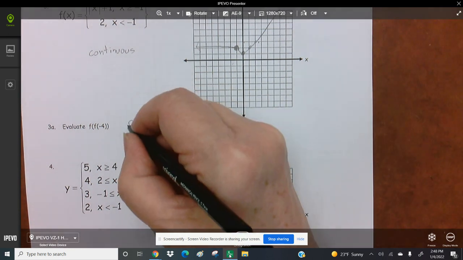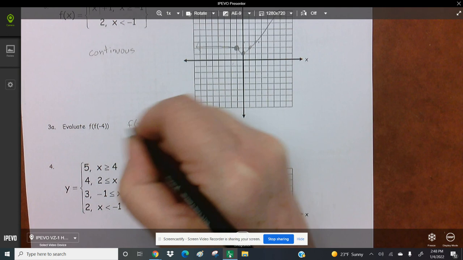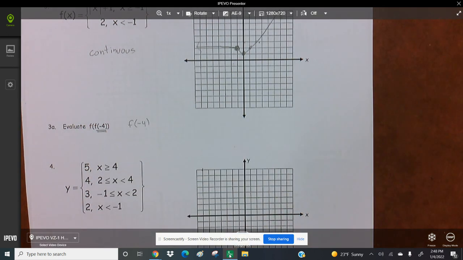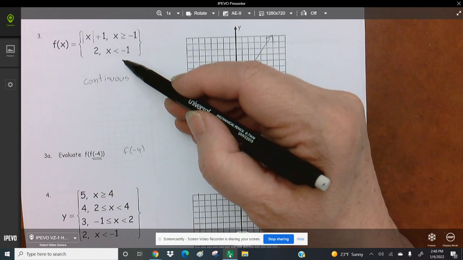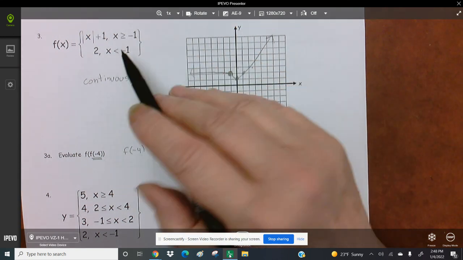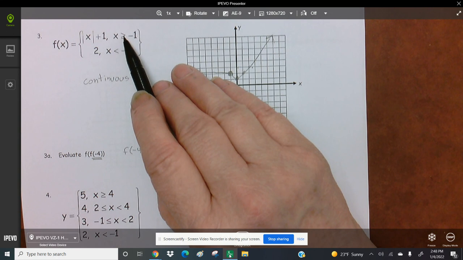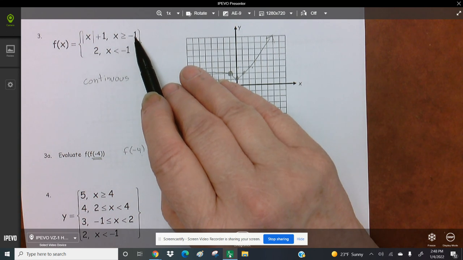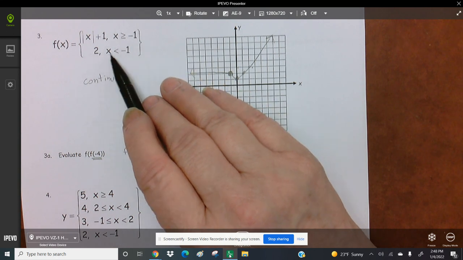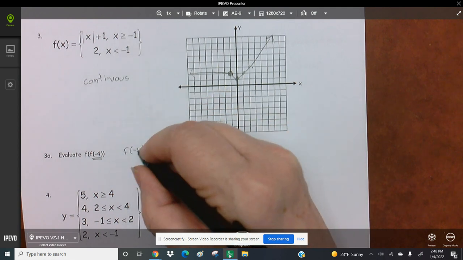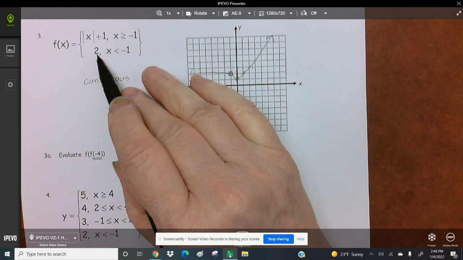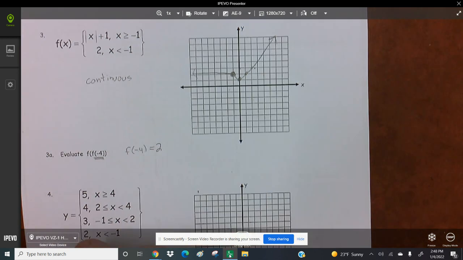So let's first find f of -4. We're going to work from the inside out, so we're just going to figure out that piece. We have to go back up here and find out which one of these is valid at -4. Well, -4 is not greater than or equal to -1, so that's not true, but -4 is less than -1. So I know f of -4 has to be 2 because that's the only value given here.